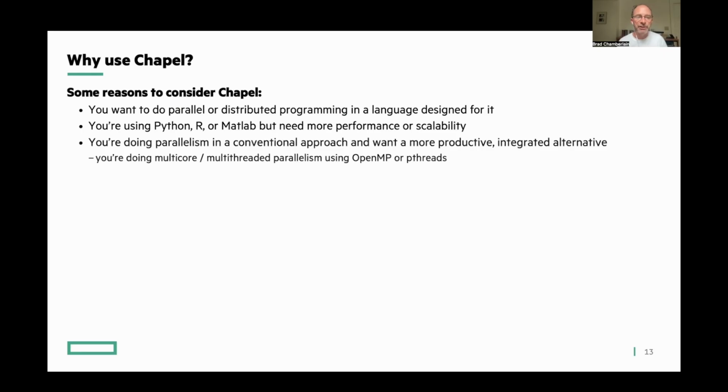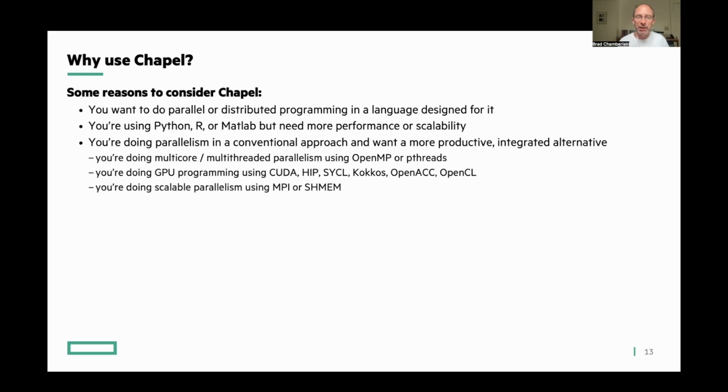The other possibility is that you're already doing parallel computing in a conventional approach, and you'd like a more productive approach or a more integrated alternative. So maybe you're doing multi-core parallelism and you're using OpenMP or pthreads, which are typical ways of doing that. Maybe you're doing GPU programming and you're using one of these technologies I mentioned before, CUDA, HIP, SYCL, Kokkos, etc. Maybe you're doing scalable parallel computing and you're using MPI or SHMEM.